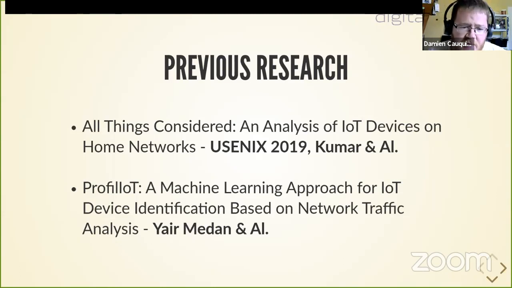And also another paper about Profile IoT, which is a machine learning approach for IoT device identification based on network traffic analysis. So again, this is done at the network level. So we need to capture traffic between the devices and the internet to be able to categorize and classify these devices. But this is not what I need, because I wanted to be able to detect and classify these devices based on the exposure of these devices on the internet.